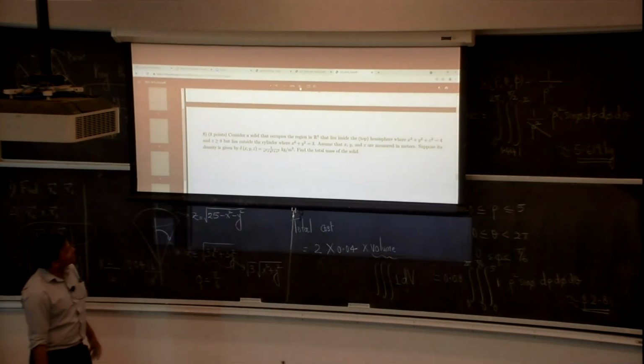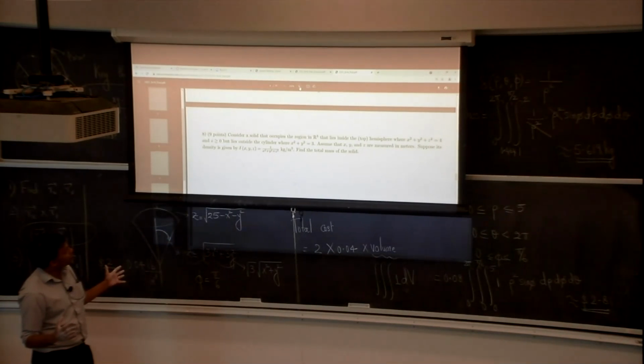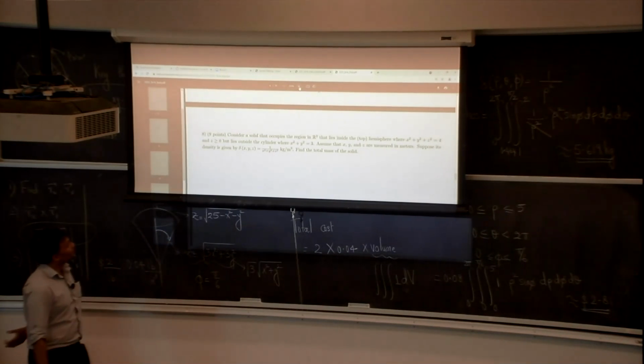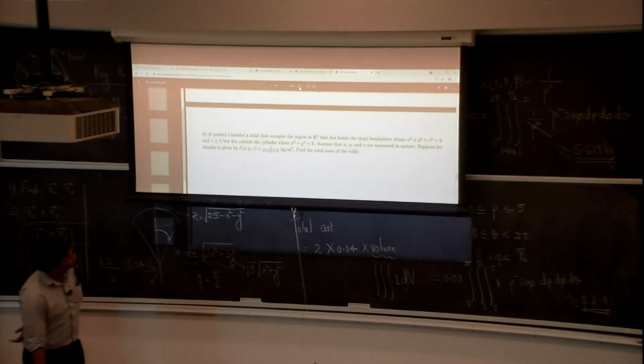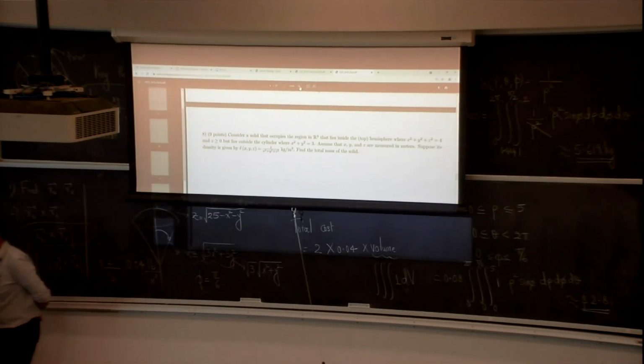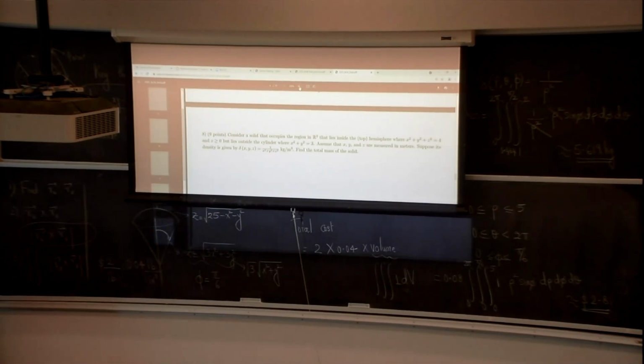So there is a region which is inside a hemisphere and also outside the cylinder. It's a rather tricky situation, cylindrical or spherical, but then you see the density, you probably want to stick with spherical coordinates. So try that. This is probably one of the harder final exam questions.